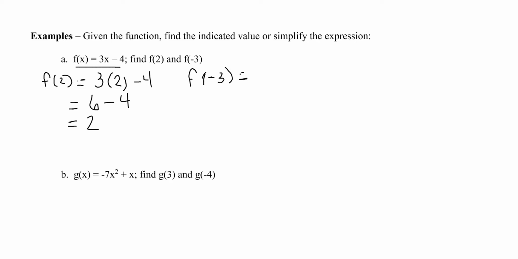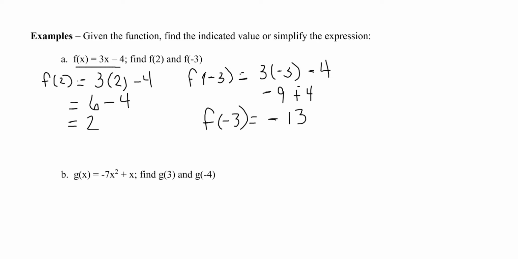And the first thing we're going to do is we'll do 3 times -3 minus 4. 3 times -3 will give me a -9. -9 minus 4 is going to equal, and do plus a negative, so you get -13. So f of -3 equals -13.